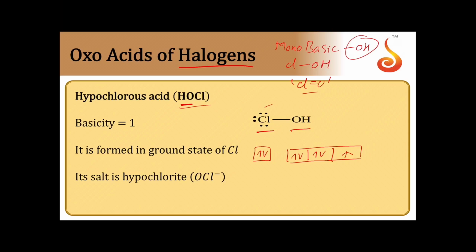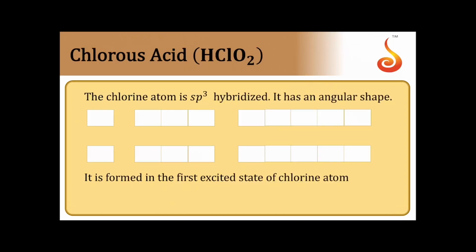So in the ground state, chlorine has one unpaired electron, so it can form only one bond. Therefore, hypochlorous acid is formed in the ground state of chlorine. And OCl minus ions are called hypochlorite ions. Then comes the second one, chlorous acid, HClO2.